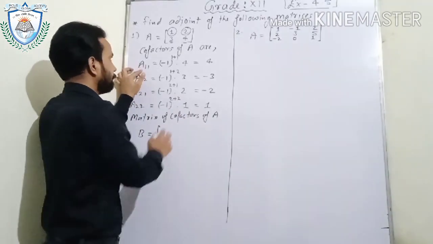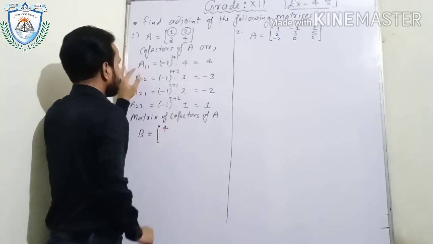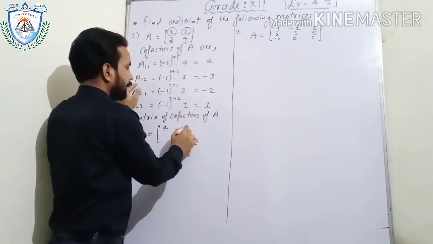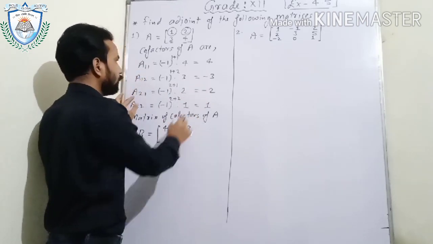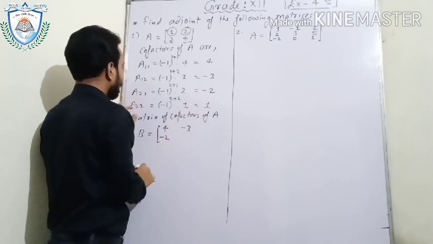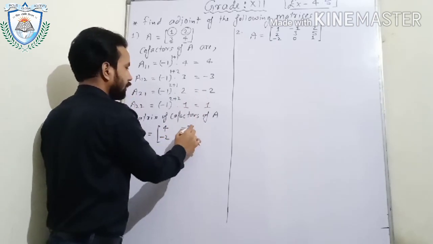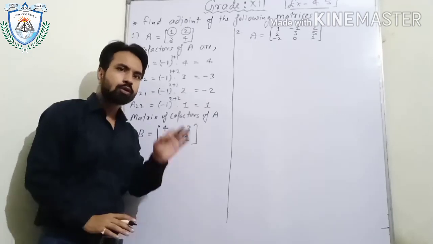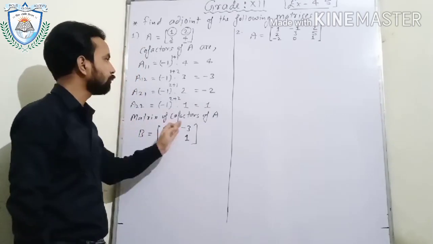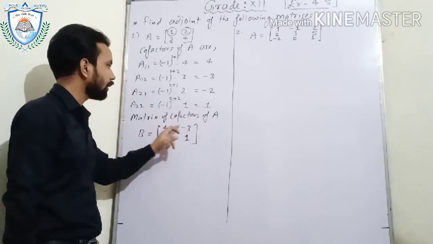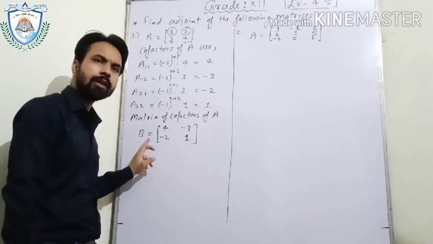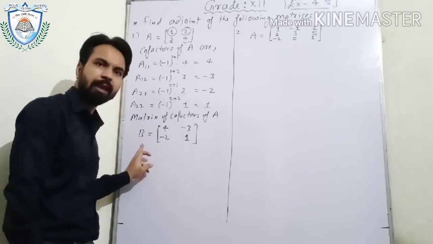First A11, which is 4. Next A12, which is minus 3. A21 is minus 2 and A22 is 1. So for finding the matrix of cofactors of A, we write all the cofactors in the matrix, and this matrix is denoted by B.